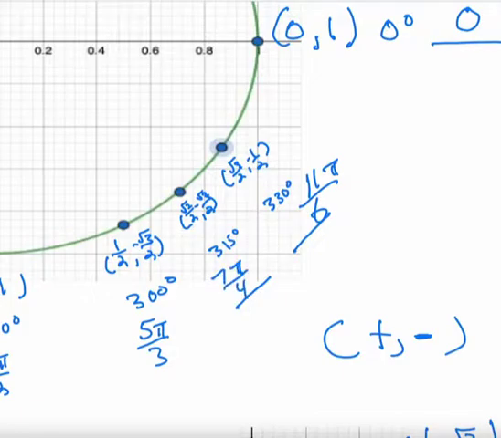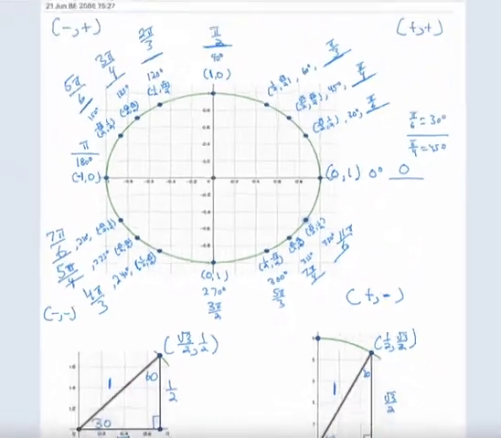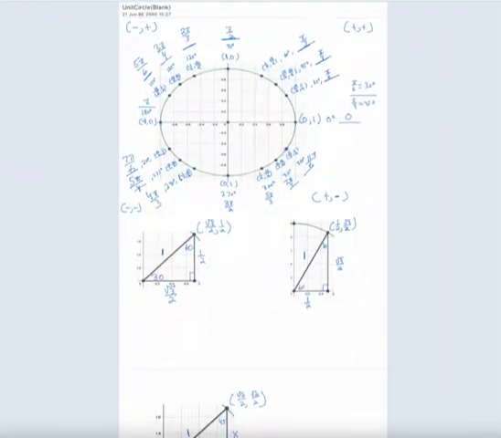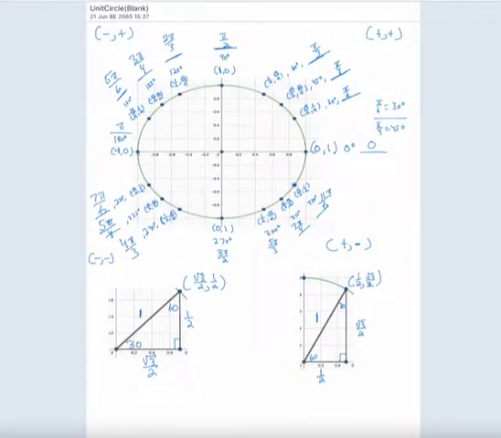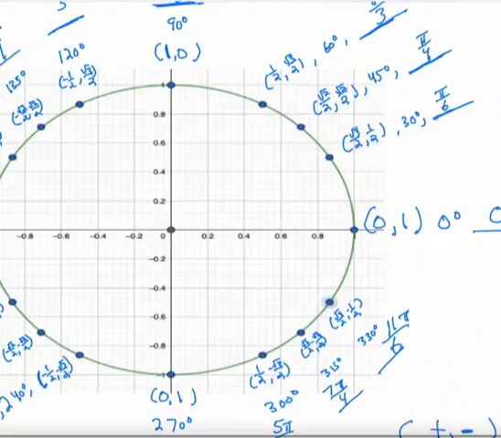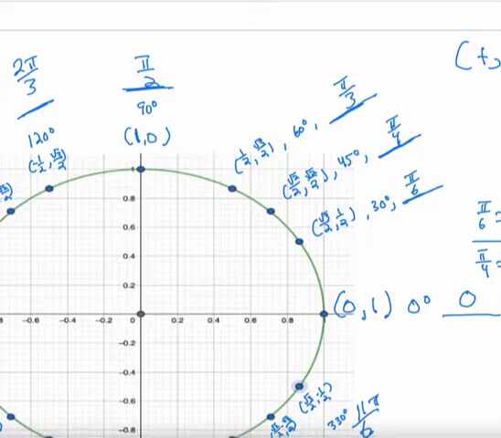Okay, so let's just recap. We have done every single thing for our unit circle. We've got all the x and y coordinates filled in. We have all the radian measures filled in, and of course the degrees were there already. So if there's anything you don't have filled in, you can just look through right here.